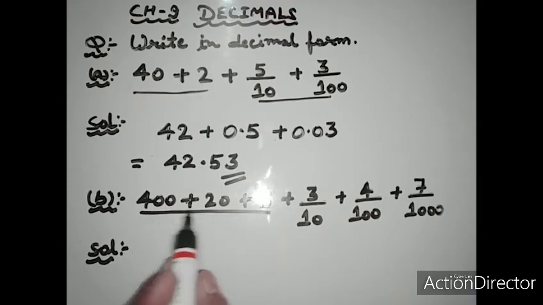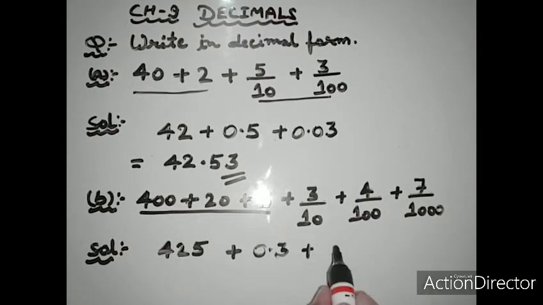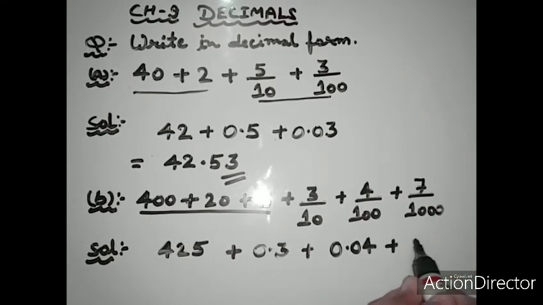So we add 400 plus 20, 420, and 420 plus 5, 425. After that we write the rest in decimal form. 3 upon 10 means 0.3 plus 4 upon 100 means 0.04 plus 7 upon 1000 means 0.007.